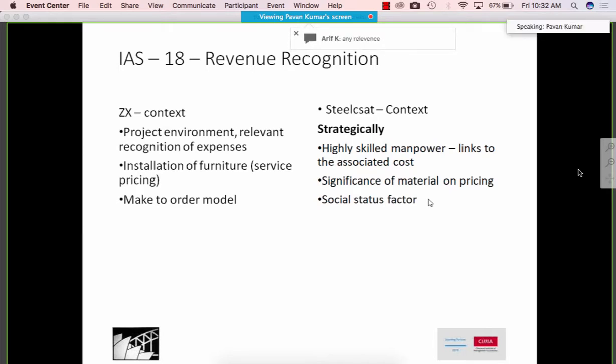IS 15 and IS 11. Okay. How do you think they are relevant, Arif? Okay. Great.